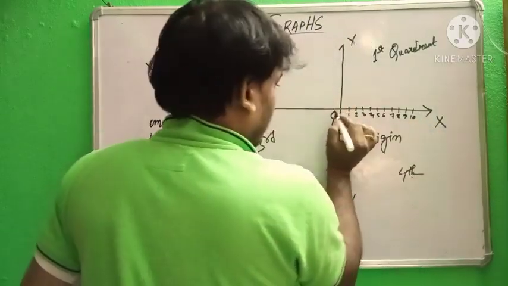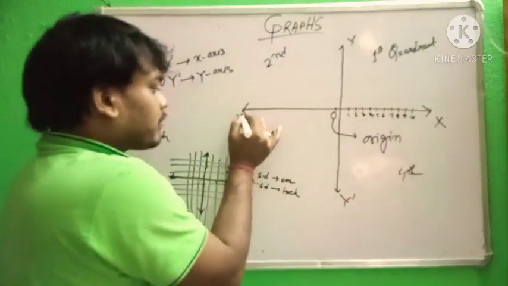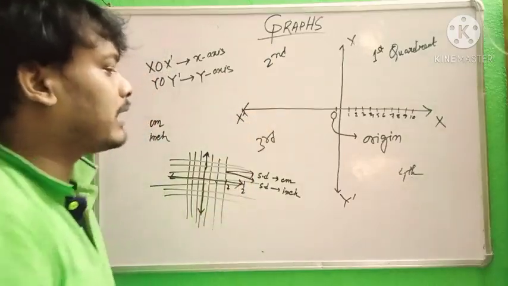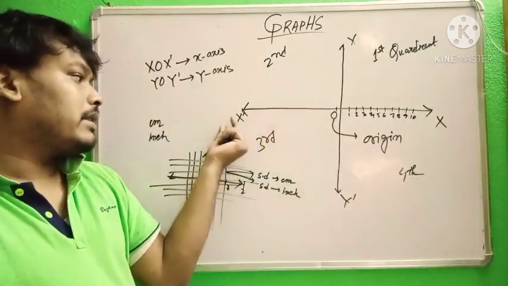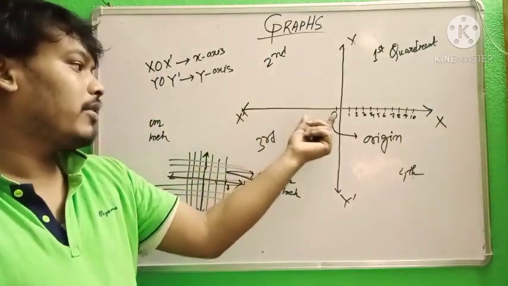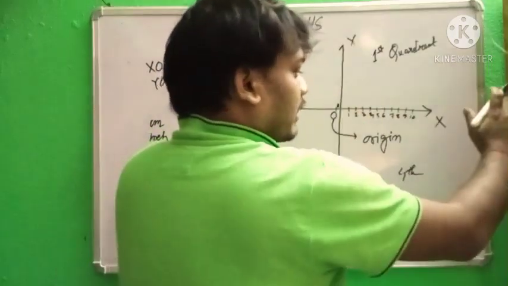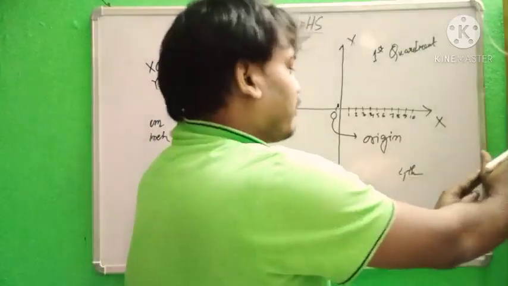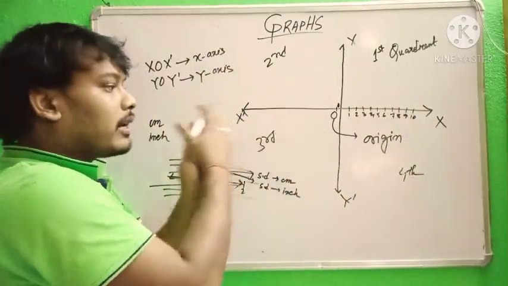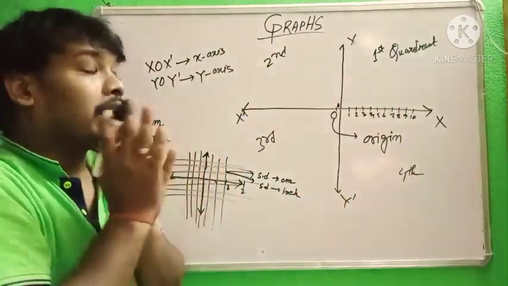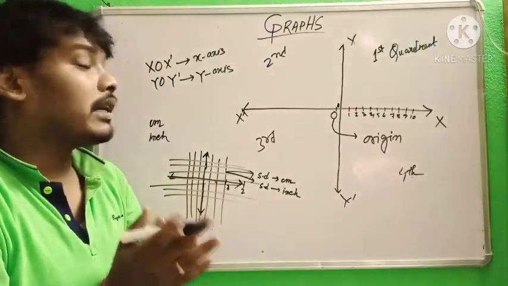Okay, and X prime, or X dash, is the side of the negative values. This is 0. From the right side we write all the positive values, from the left side we write all the negative values, like a number line.